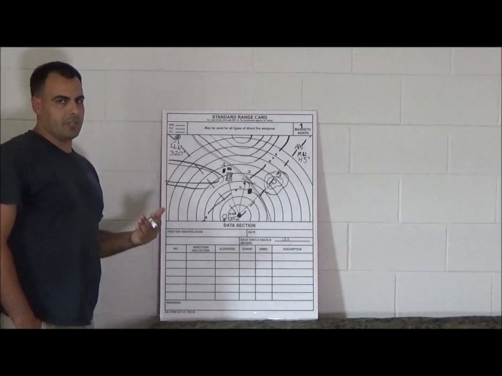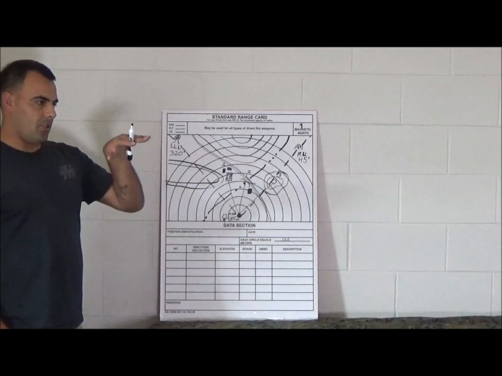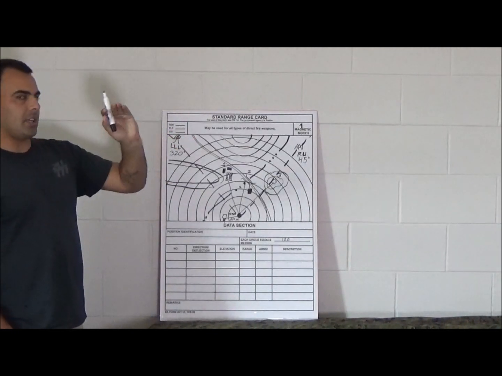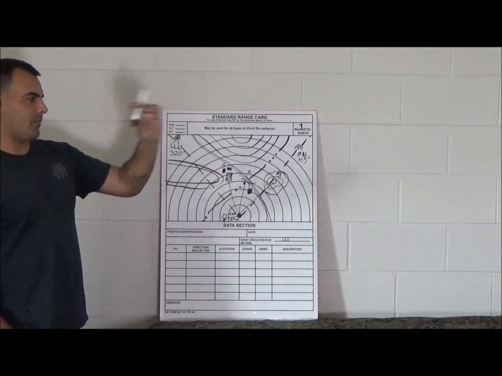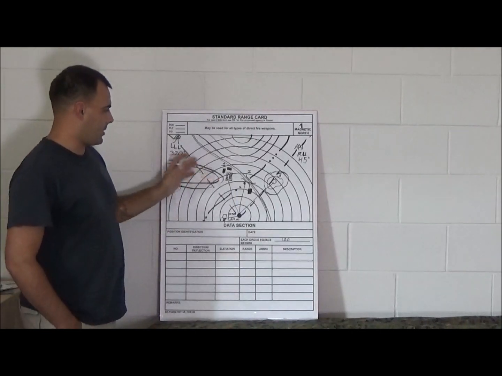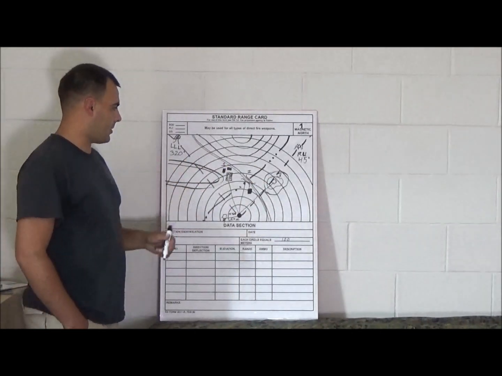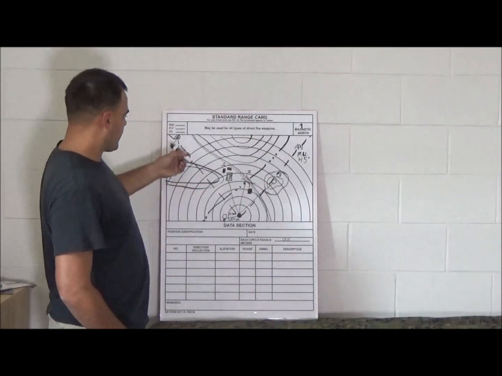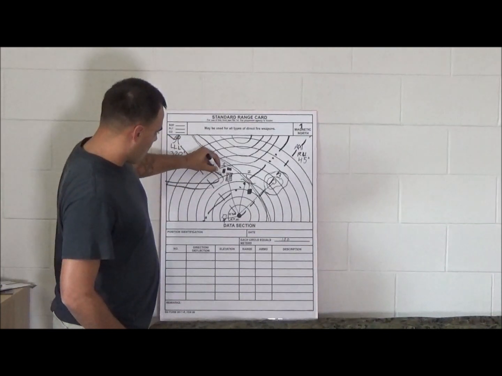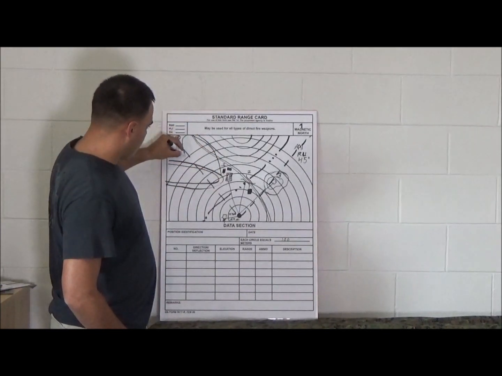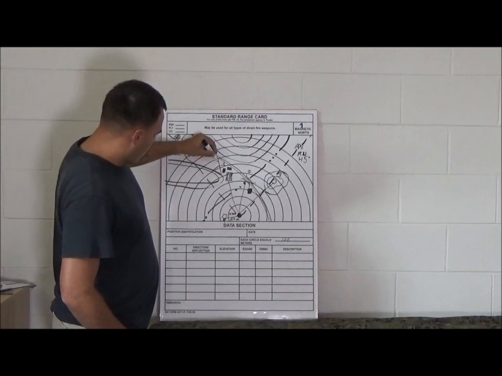What dead space is, is pretty much anything you can't directly see with your eyes and engage with your weapon by directly firing at it. So generally behind terrain features, behind buildings, we'll have dead space. And the way we draw that is we just draw a line around the area that gives us dead space. We put a line through it.